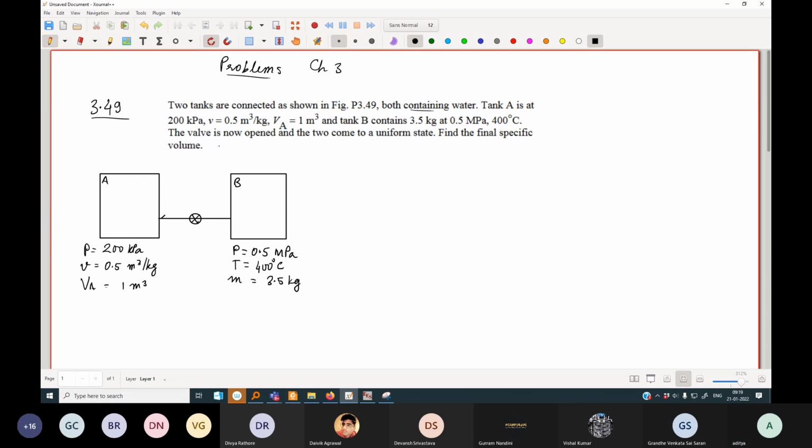Okay. So the question is rather simple. The question simply says find the final specific volume. How do you go about it? Let's look at the problem from the end state.